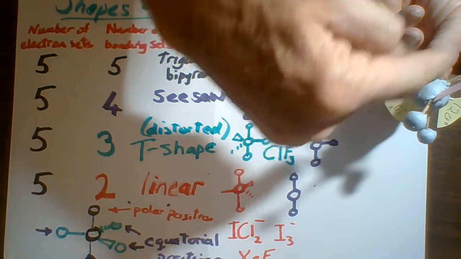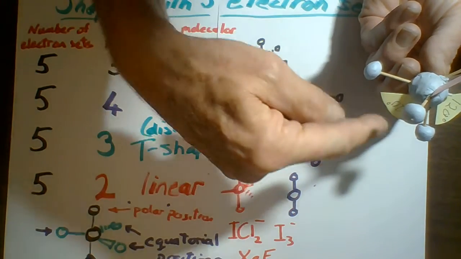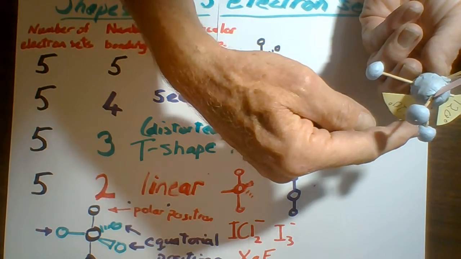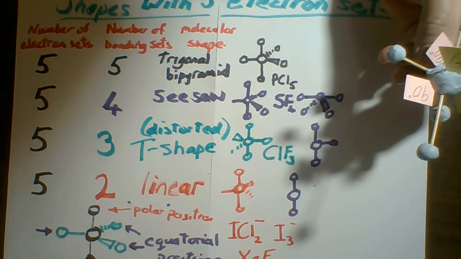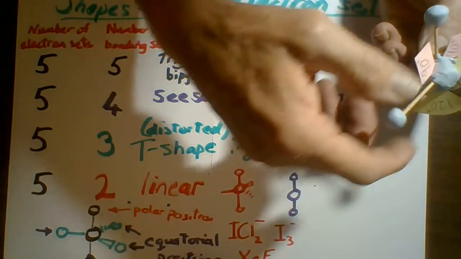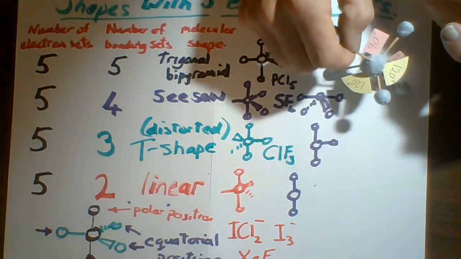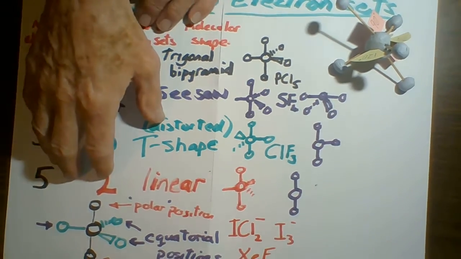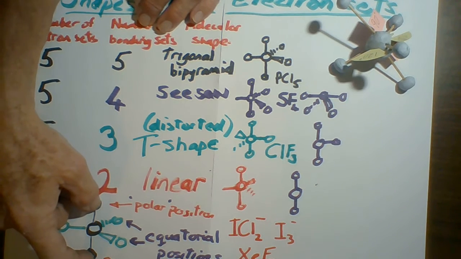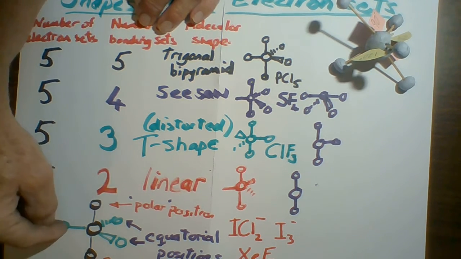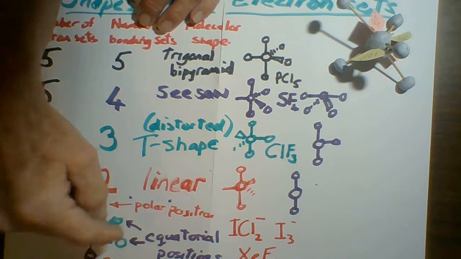We've got 1, 2, 3 bonding pairs around there, and of course divide the circle by 3, we get 120 degrees. Down here, these are the polar positions, and then around the middle we have 1, 2, 3 equatorial positions.